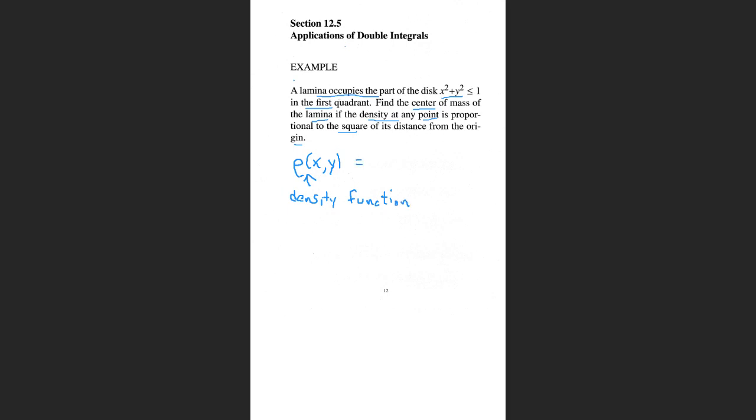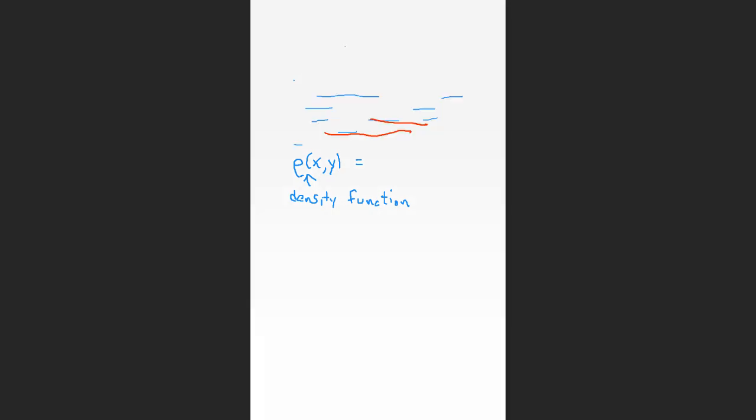And we're told that the density at any point is proportional to the square of its distance from the origin. Based on that information, we can come up with the density function.